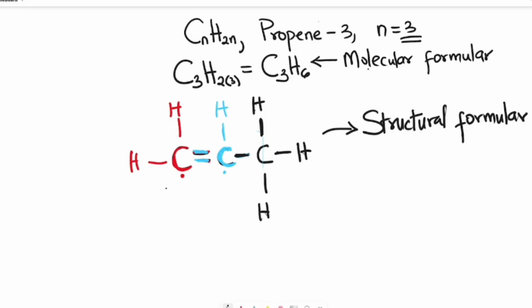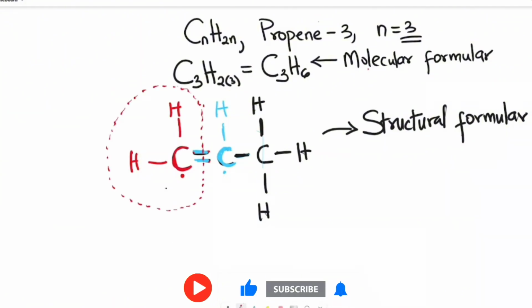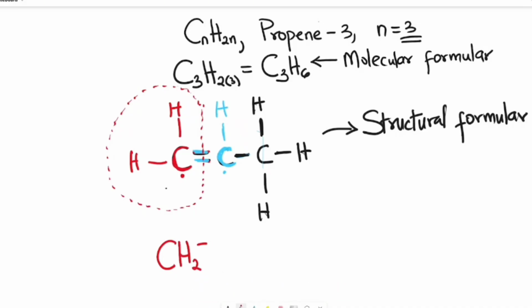Right? How about the structural condensed? We're going to break it down. We'll break it down by this. This is the first guy out. So you have CH2. We have a double bond. How about the other guy? We have a what? We have a CH. Right? We have a CH and then a single bond. You might choose to put a single bond, or you might choose to leave it that way.